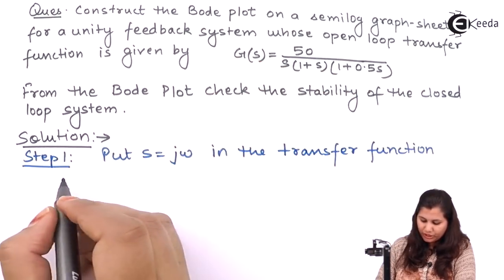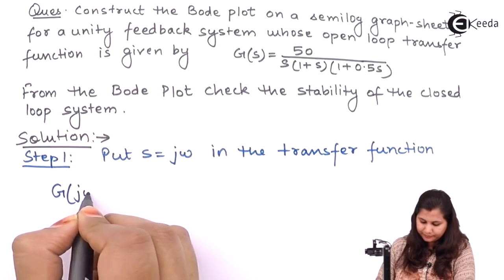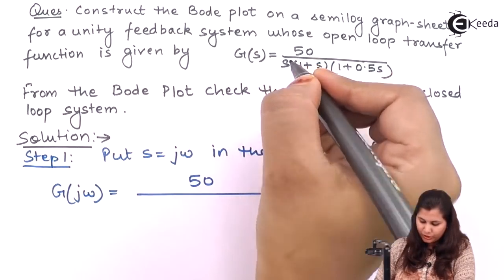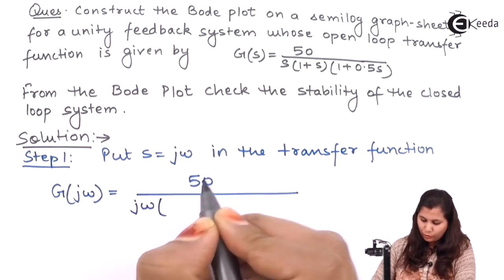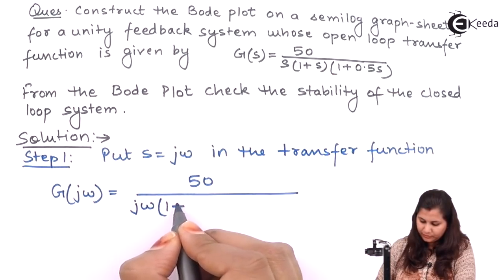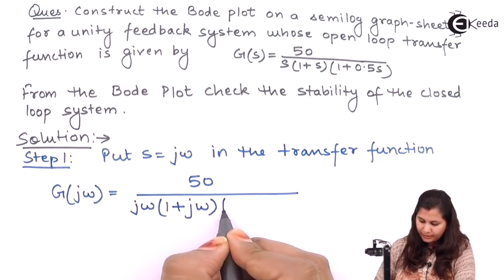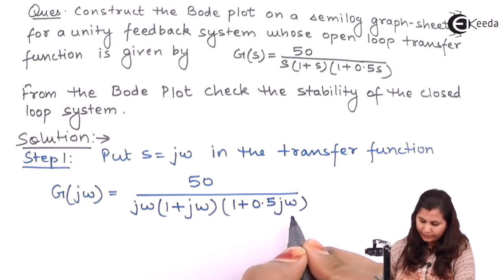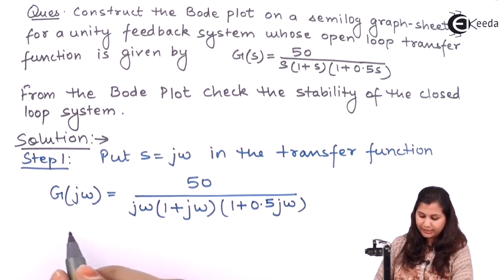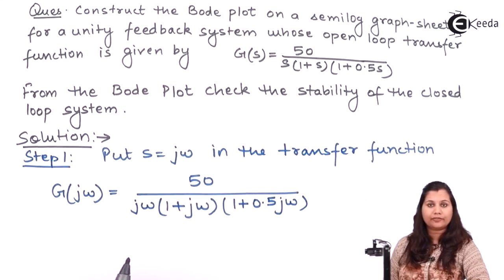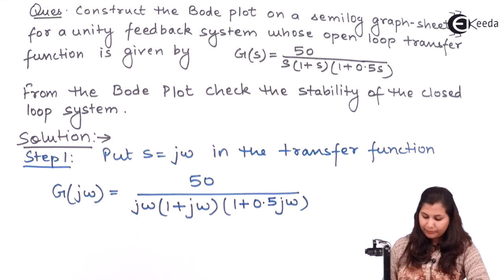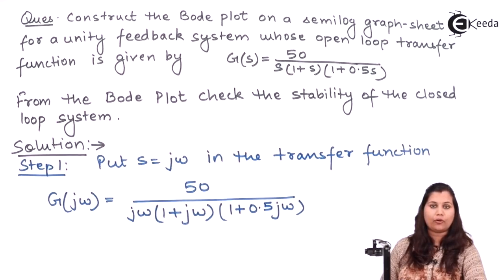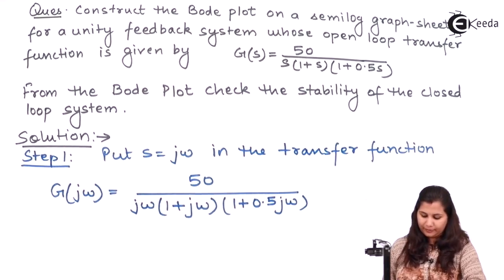So it will become G(j omega) equals 50 upon j omega (1 plus j omega)(1 plus 0.5 j omega). Okay, so this is the transfer function in the frequency domain. Now step number 2 is to calculate the magnitude and phase angle of this G(j omega).